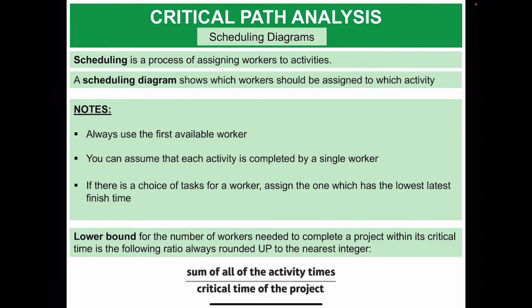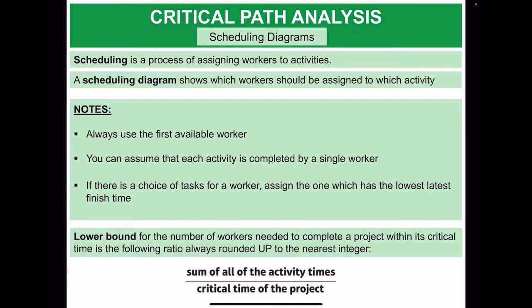The last thing we will talk about is to find the lower bound for the number of workers that you need to complete the project within its critical time that is given from the Cascade chart or from the critical path analysis that you found before.